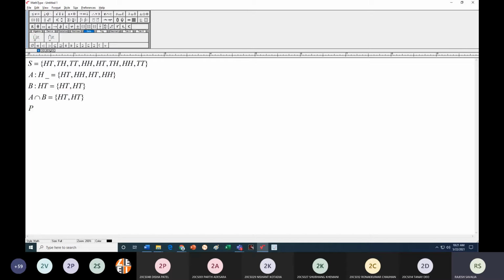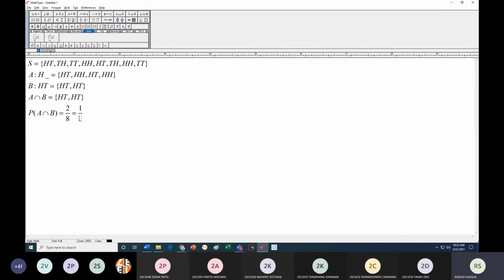So the joint probability of event A and B. Intersection says and. The joint probability of A intersection B is the numerator, the number of favorable or desired outcomes, that is 2. Total number of outcomes 1 2 3 4, 1 2 3 4, so there are 8. So the joint probability is 1 by 4.